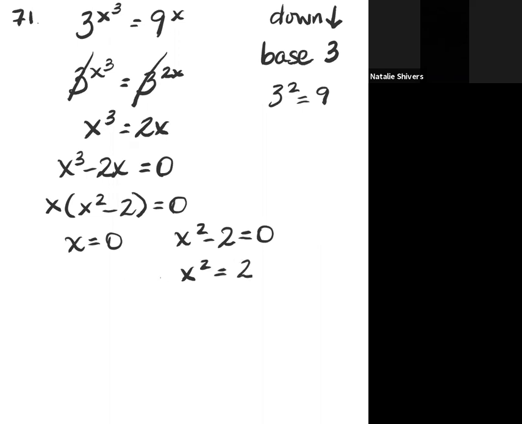And don't forget that I have an x cubed here, however you want to look at it. So I should have 3 roots for the most part. So remember that I get x equals plus or minus the square root of 2. So don't lose a root. Okay? So that's all that I want to do.